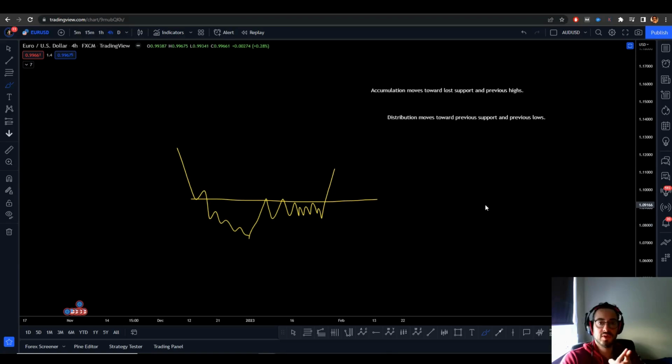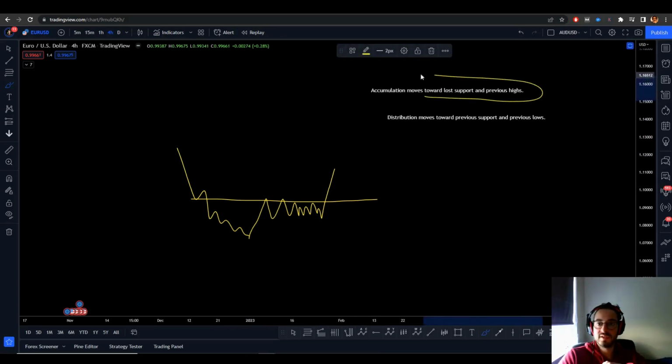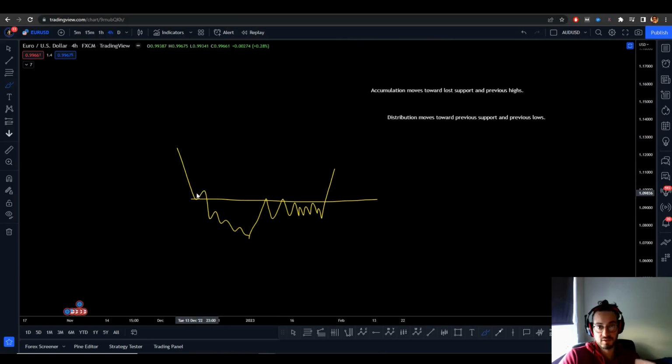So you have accumulation and distribution, and as the price either impulses up or down from distribution, then they move toward these levels here, and these levels create corrections and consolidations, right?